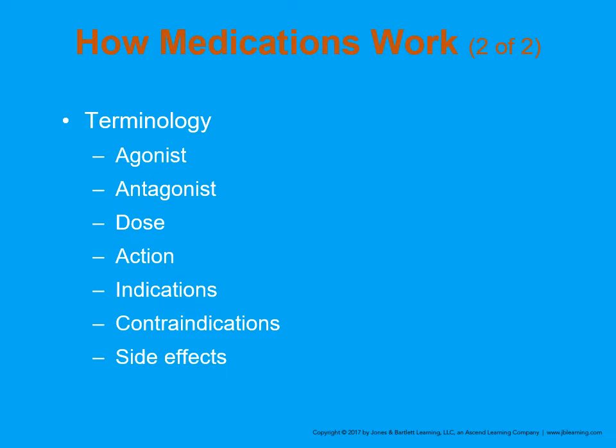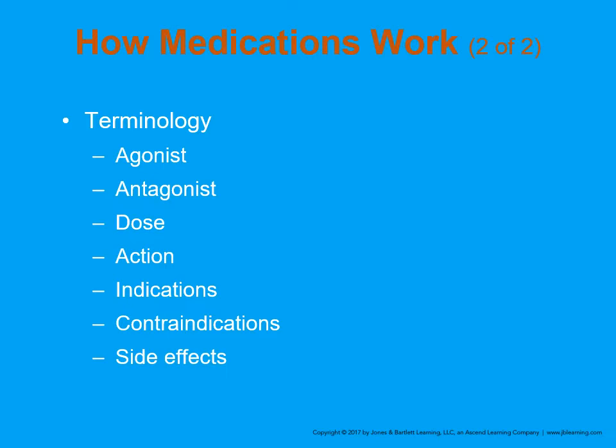Dose is the amount of medication that is given, which depends on the patient's weight, the patient's age, and the desired action of the medication. An action is the therapeutic effect that a medication is expected to have on the body.